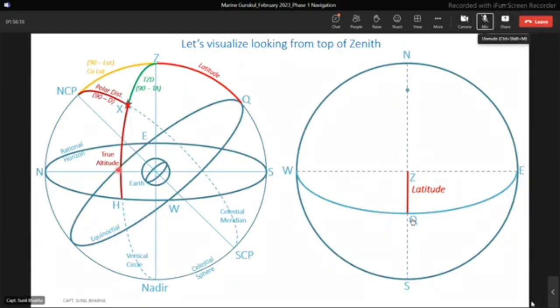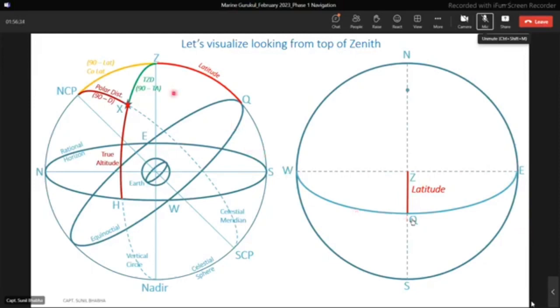So this will not be visible to us. So that's why you only see half of the equinoctial, which is visible to you as WQE in our rational horizon diagram.